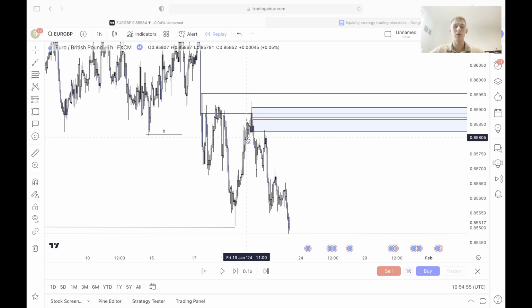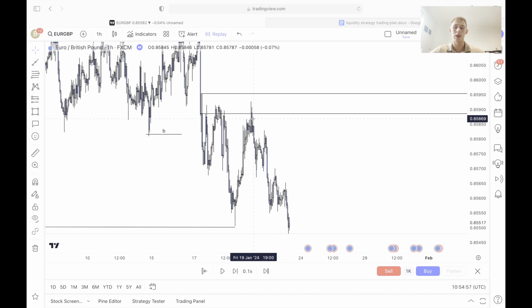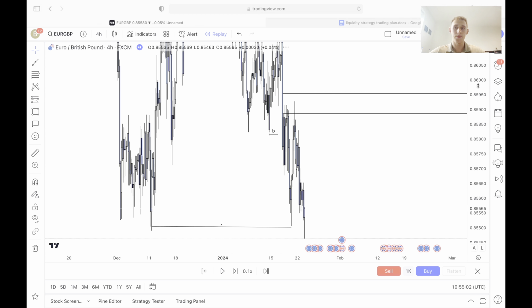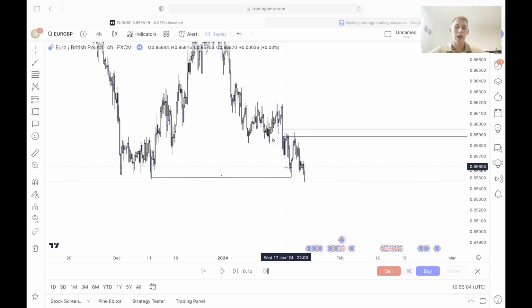So to summarize what we're looking for once again, simply identify the 4-hour structure like we did here. Identify an area of 4-hour liquidity, such as this one where we had a build-up of these wicks. We also had that imbalance above as well.